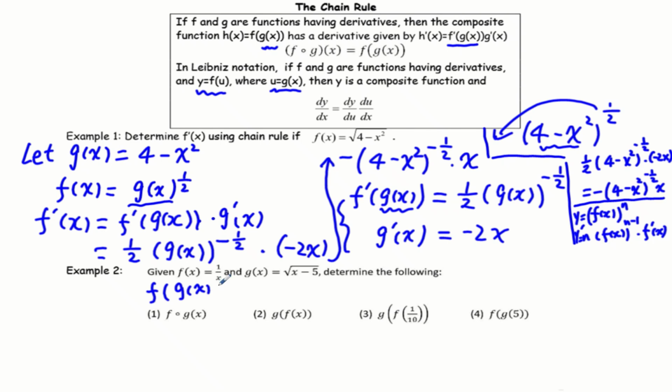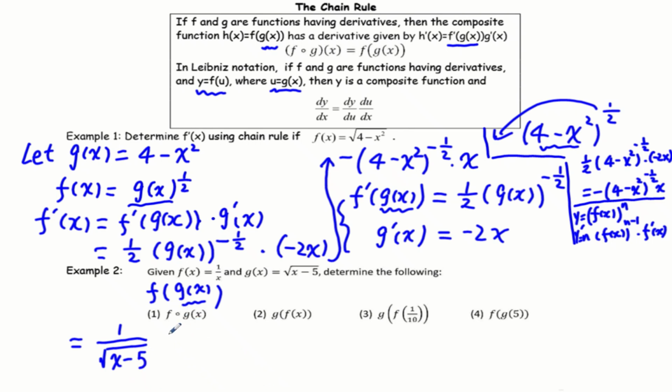So what it means is the input is g of x to f of x. So we substitute g of x for x. So what we are going to have is 1 over, then x becomes g of x, which is square root of x minus 5. Then it's done.